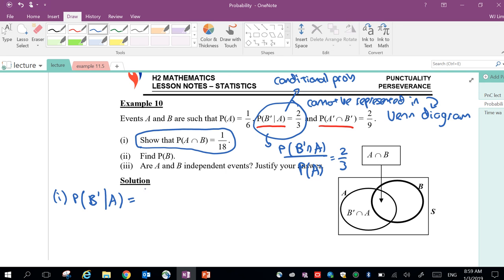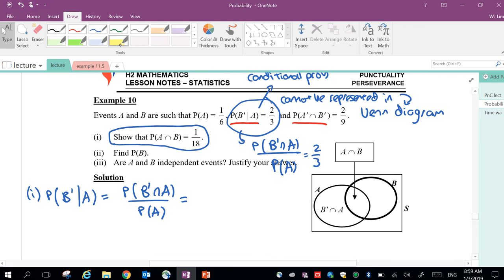So let's try this. Probability B prime intersect A divided by probability A. Where is B prime intersect A? I can represent B prime intersect A. It's here, the one in yellow. Where is A intersect B? The one in green.